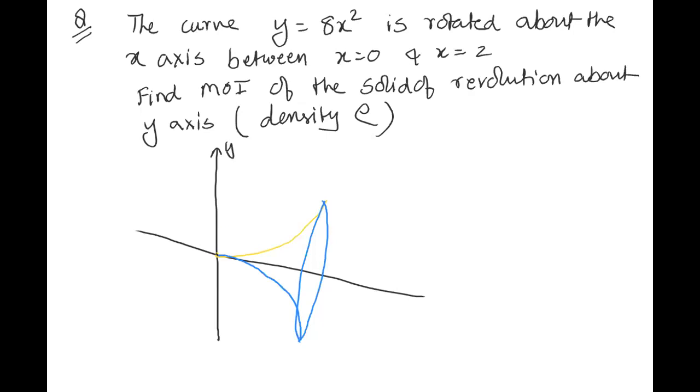So I will say that, look, let's consider at the distance of x a disk on this solid of revolution. We will have a width of dx, a radius of, this is the important bit, radius of 8x squared. Let's work out the moment of inertia of the green disk that I have drawn.